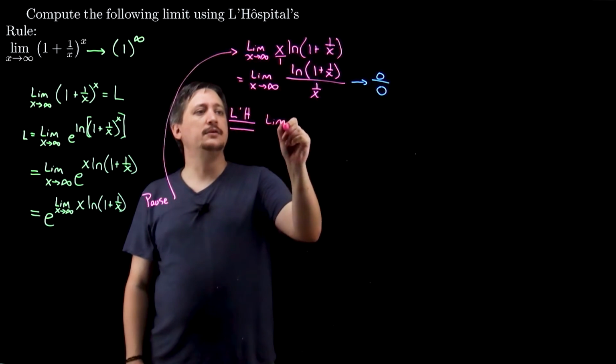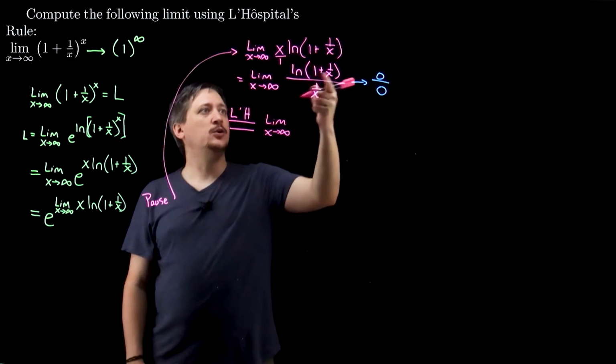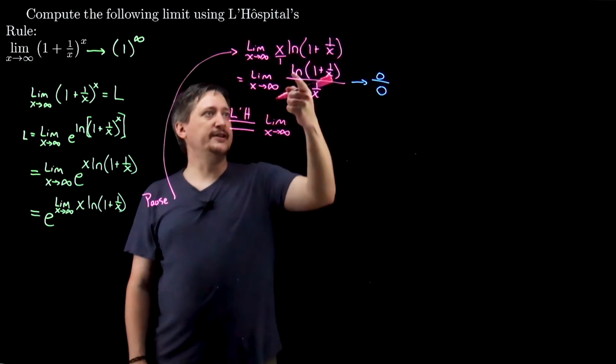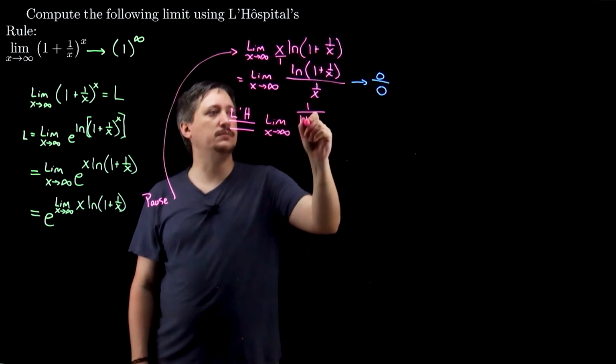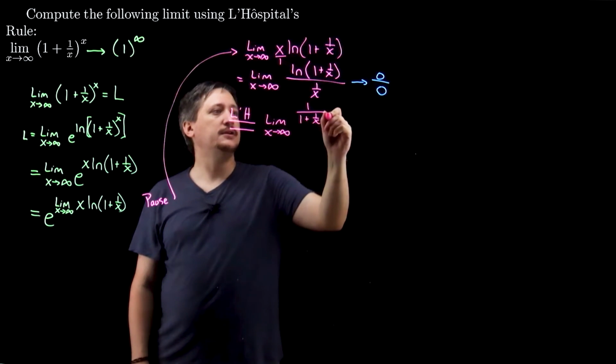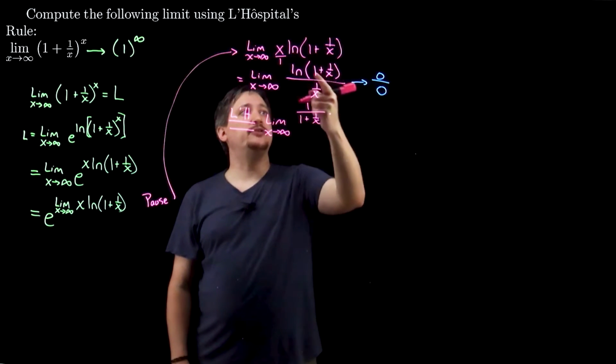to the limit as x goes to infinity. So now I'm going to take the derivative of this thing, which is the derivative of a natural log. So that's going to be 1 over the inside, 1 plus 1 over x, times, and then the chain rule, so I have to multiply by the derivative of this thing.